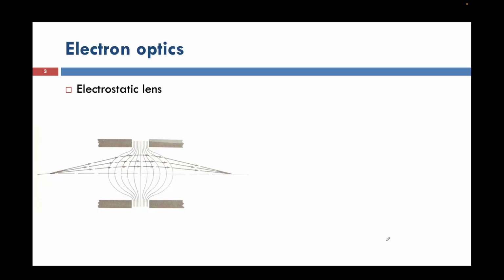So let's say these are our electrons going, and once an electron goes out of its source, it will go in all sorts of directions, not only in 2D but also in 3D.